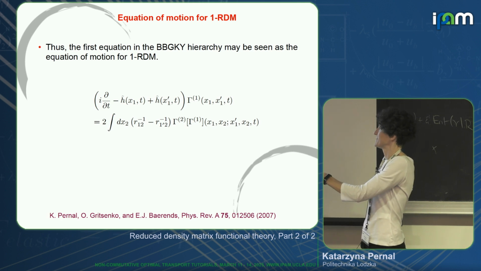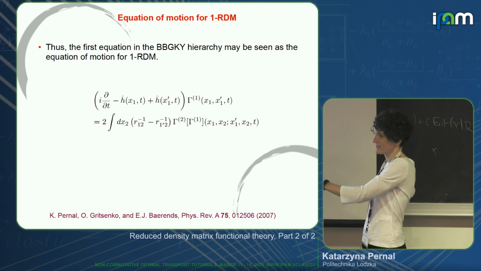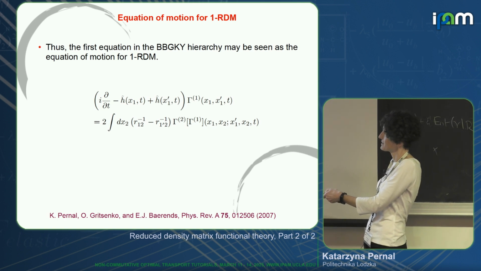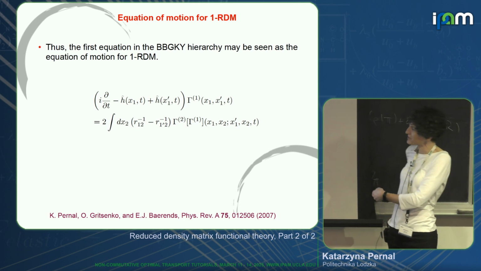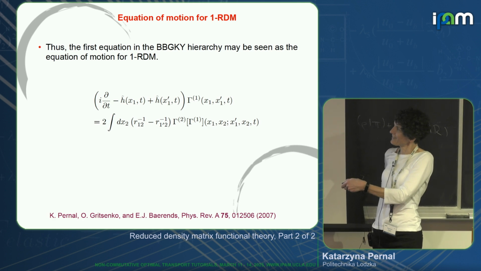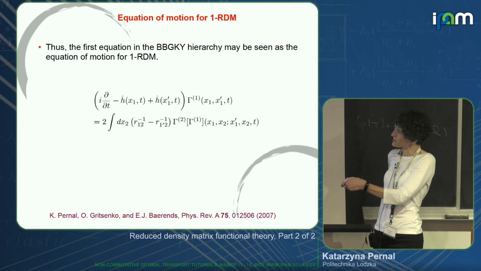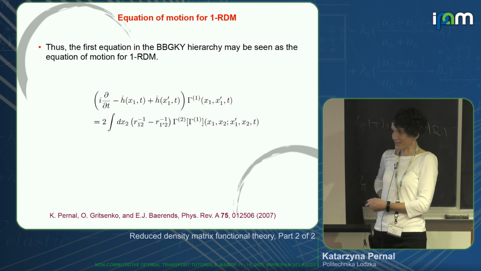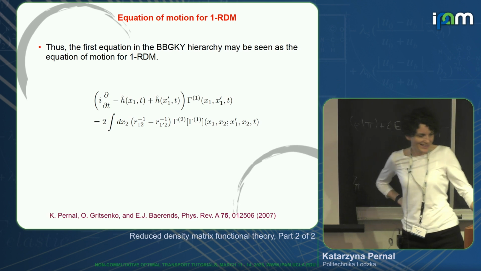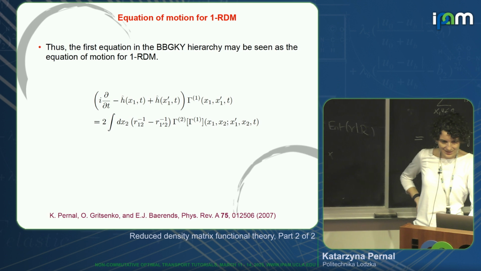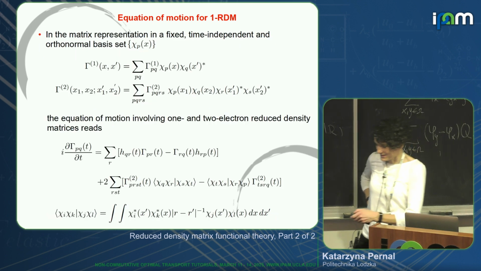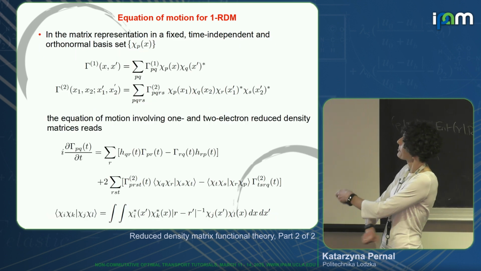Of course, the big difficulty is what this object is. You can guess immediately that it's much more difficult to approximate than the 2-RDM in terms of the 1-RDM for a time-independent case, right? Now we have time dependence, and indeed there is an extra difficulty in finding it.